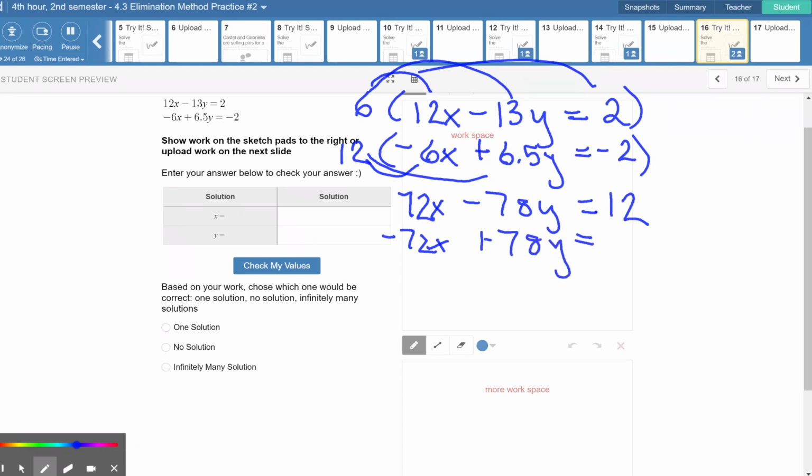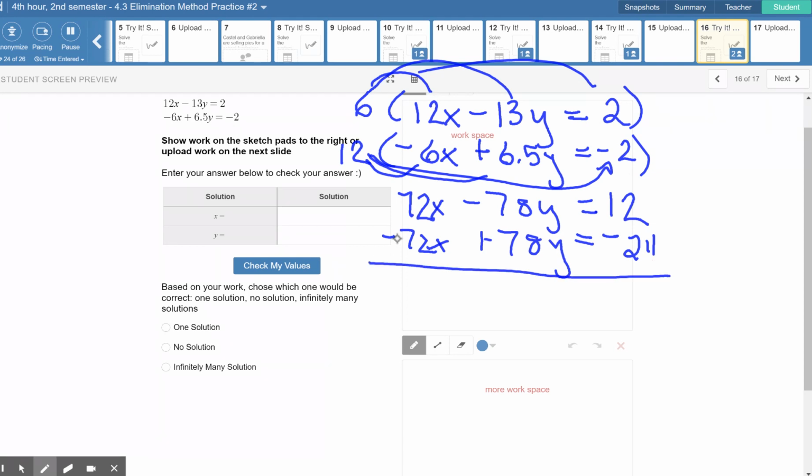And then 12 times negative 2 gets you negative 24. So the x's cross out, the y's cross out, we're left with nothing. And then be careful here, 12 plus negative 24 gets you a negative 12, which is a false statement.